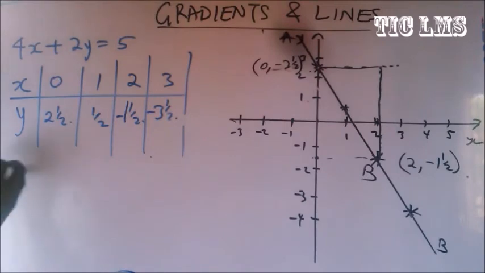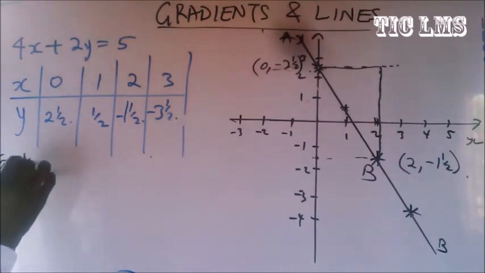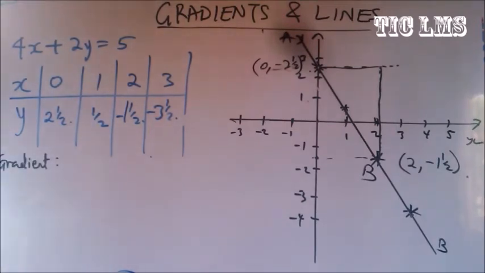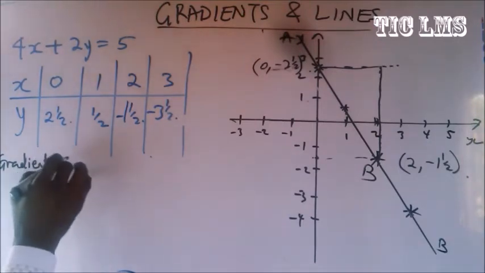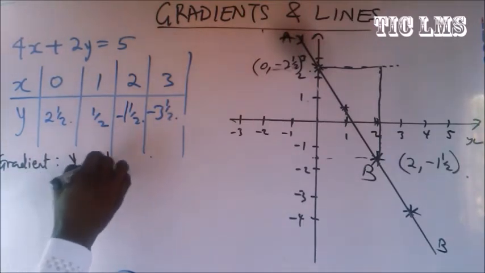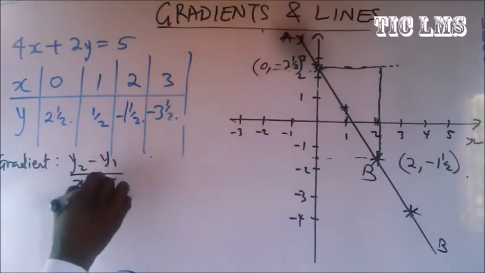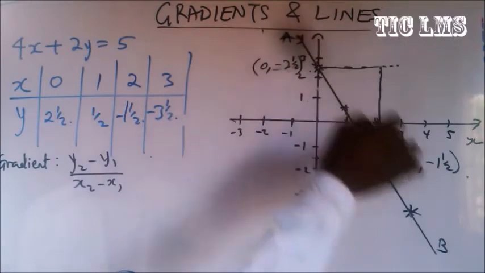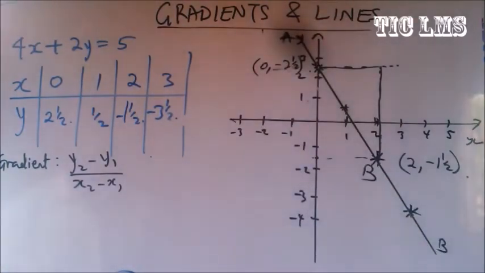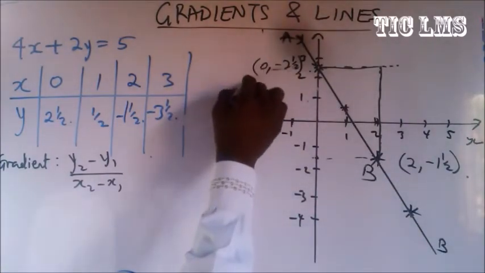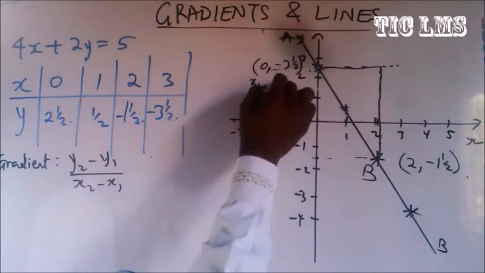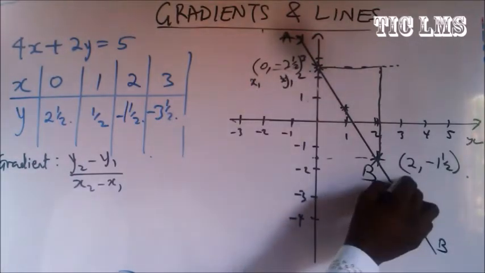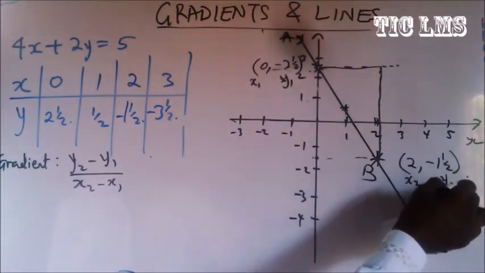Now for us to get our gradient, we would say change in y divided by change in x. So we'll have it as y2 minus y1 over x2 minus x1. This graph moves from up downwards in this direction. So this 0 is our x1, and here is y1, and here is x2, and here is y2.